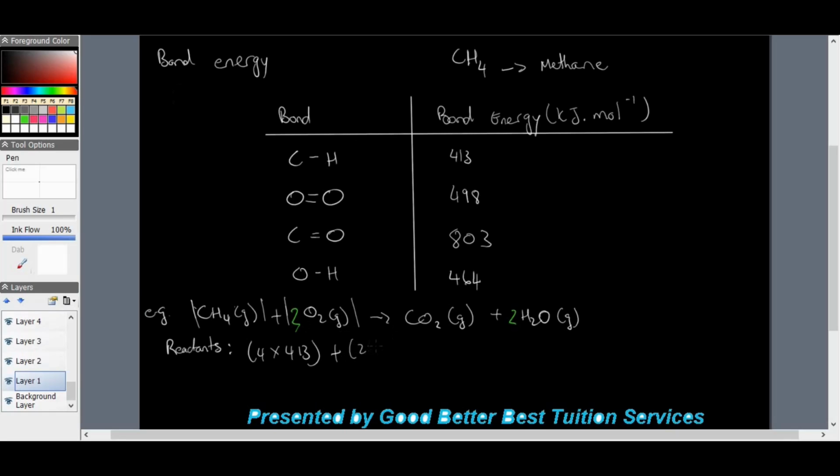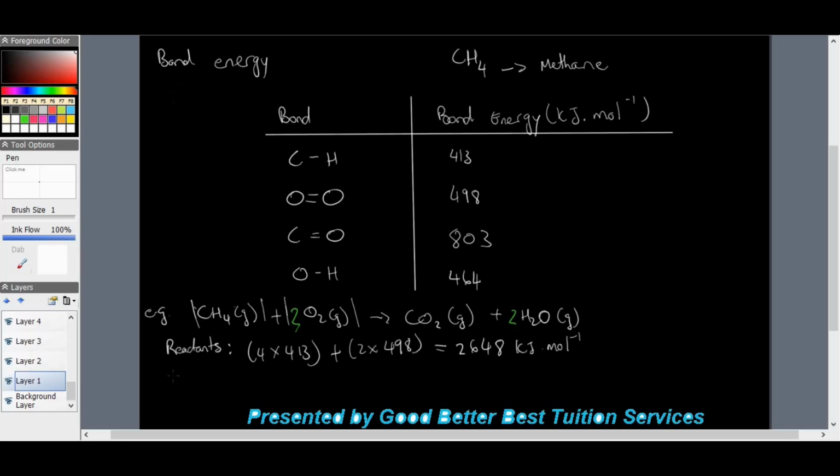So plus 2 times 498. Alrighty, and that should give me a reactant energy of about 2,648 kilojoules per mole.